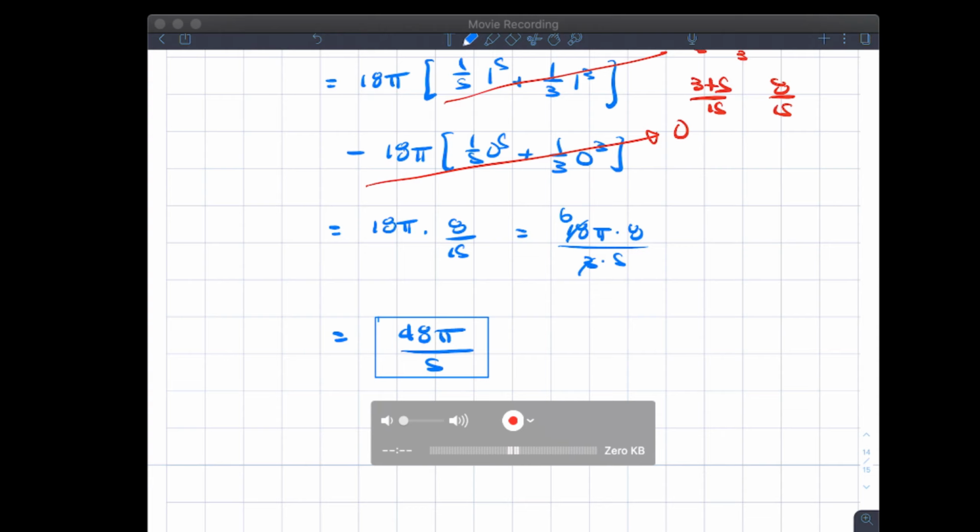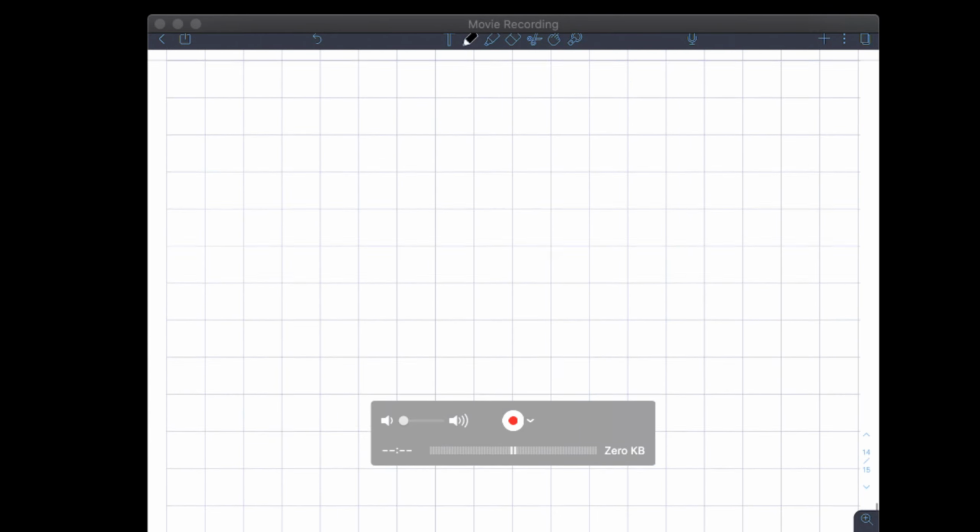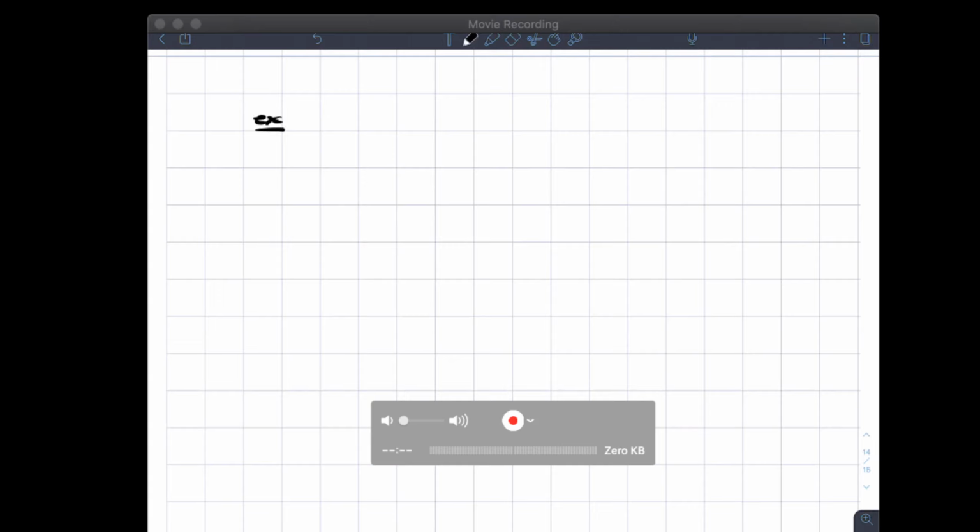So let's try to consider a curve for surface area where we revolve around the y-axis. Let's look at an example here. We let x be e to the t minus t, and y be 4e raised to the t over 2 power.